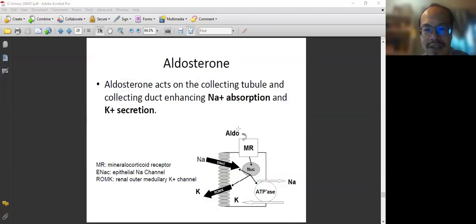Aldosterone will act on the distal collecting tubule, collecting ducts. Aldosterone is a mineralocorticoid, so it will act on the mineralocorticoid receptor. What it does is act on gene expression, the nucleus, the DNA, to cause these cells to produce more ion channels: the sodium channel, the potassium channel, and the sodium potassium ATPase.